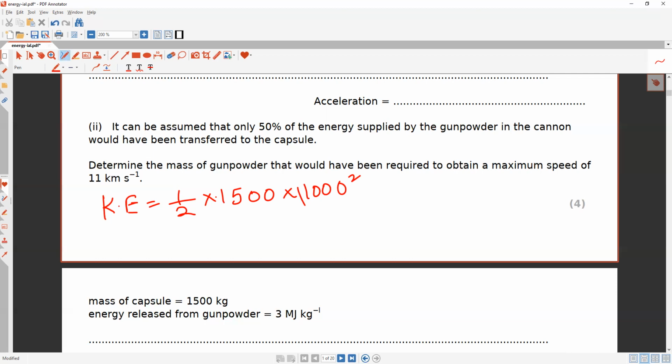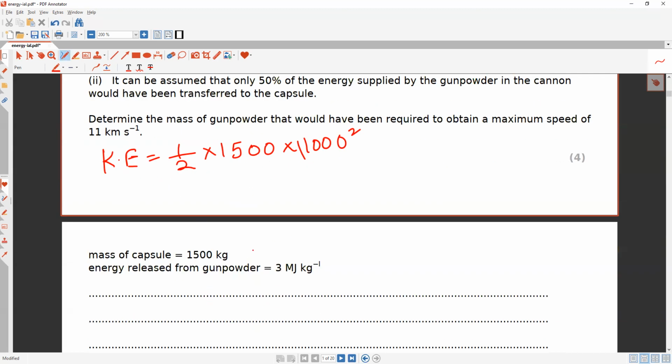How much is it, guys? Tell me slowly, everyone. 9.075 times 10 to the power 10 joules.